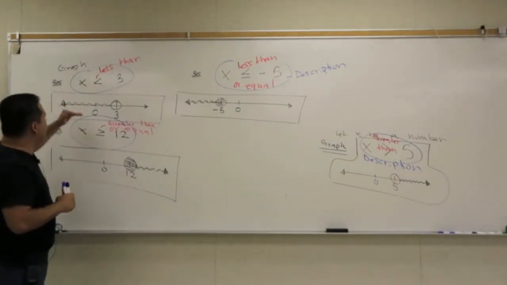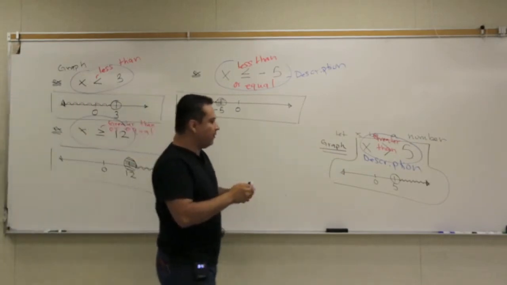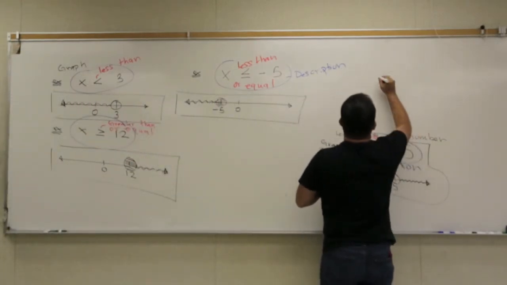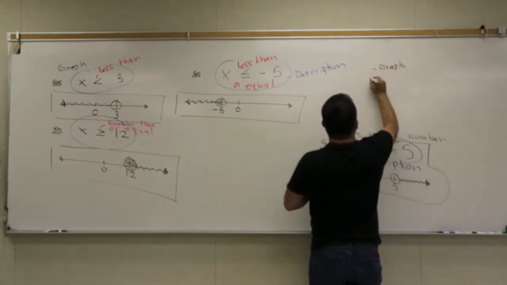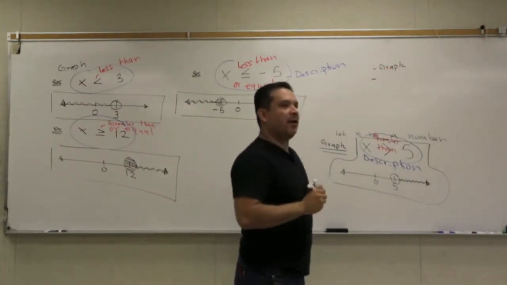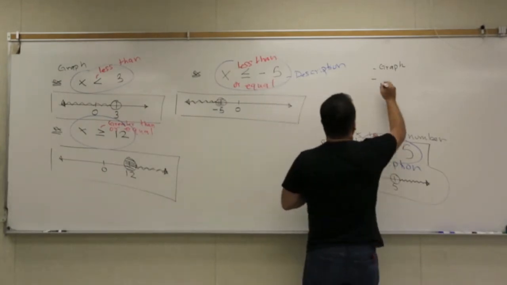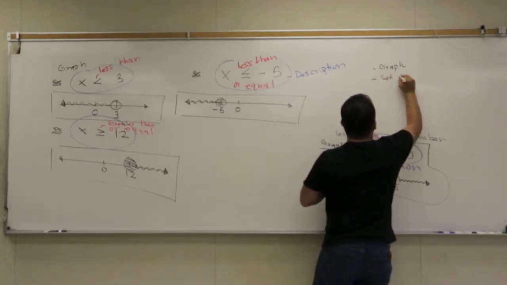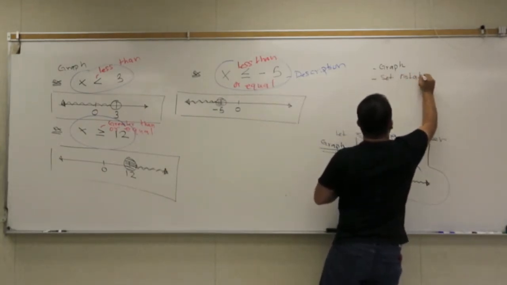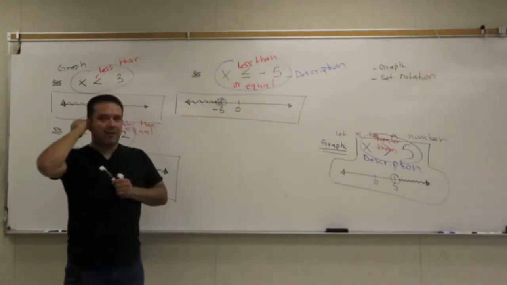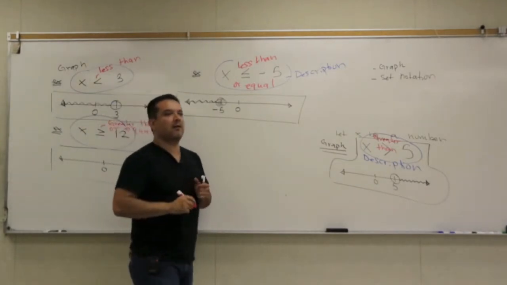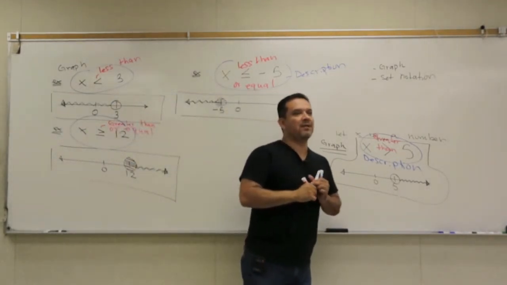Now, we're looking at these things called the graphs. So let me write over here. We have the graph. We also have something that we call set notation. Does anybody know what a set is in mathematics? What's a set?